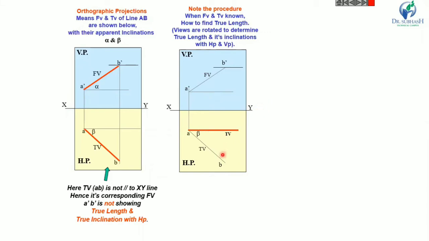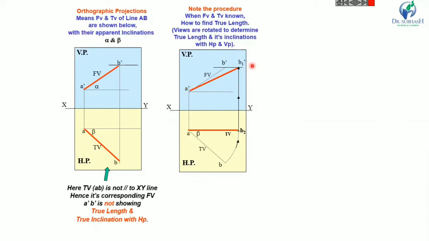For that, first of all, we have to rotate this top view and make it parallel to the XY line. You can see here we rotate this AB in this direction, so it is AB2. Now draw the projection of this B2 up to the locus of B dash. So this is B1 dash.